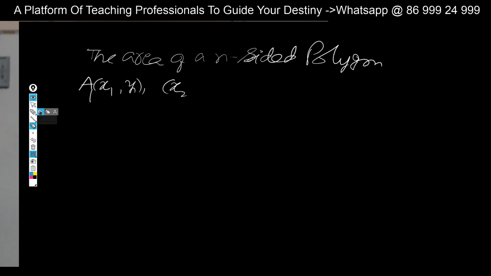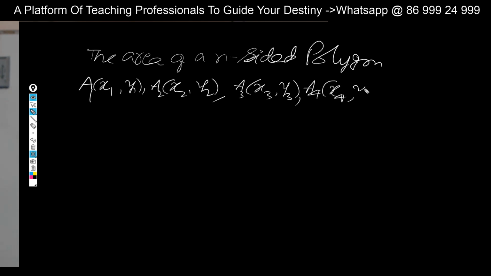This is a2, x2, y2. x3, y3, a3, x3, y3, and a4, x4, y4, and so on, an, xn, yn.